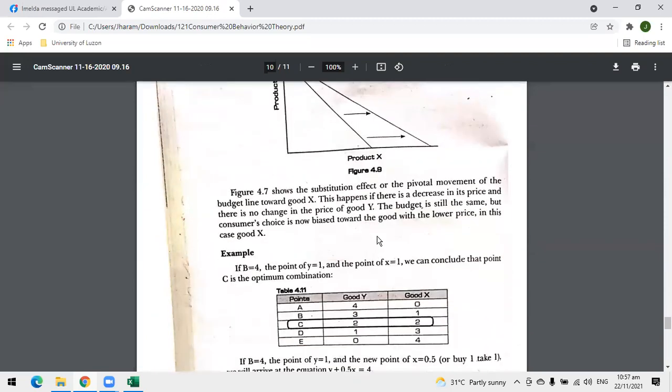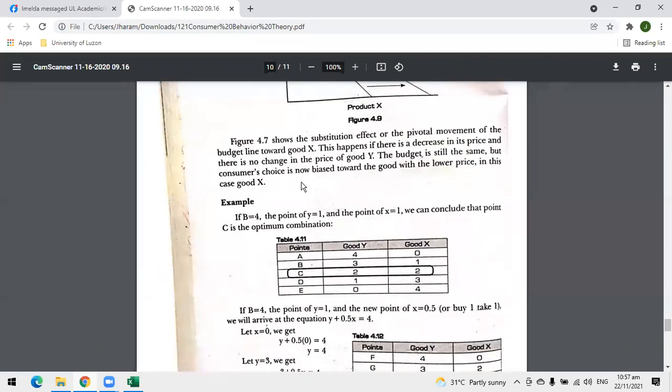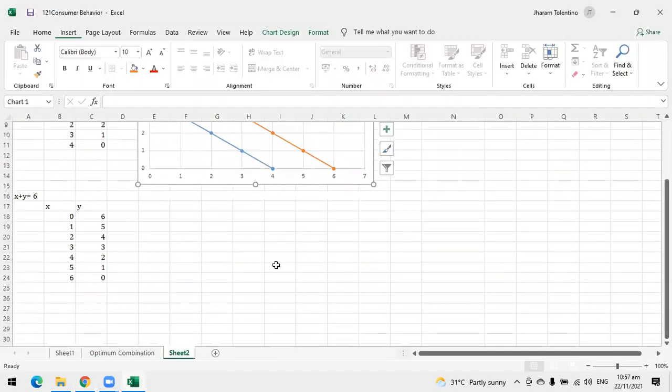Next, paano kapag substitution? Okay, substitution. Paano yung substitution na naman? If budget is 4 pesos, the new point is 0.5. Nag-buy one, take one daw yung X. Well, madali na lang yan.